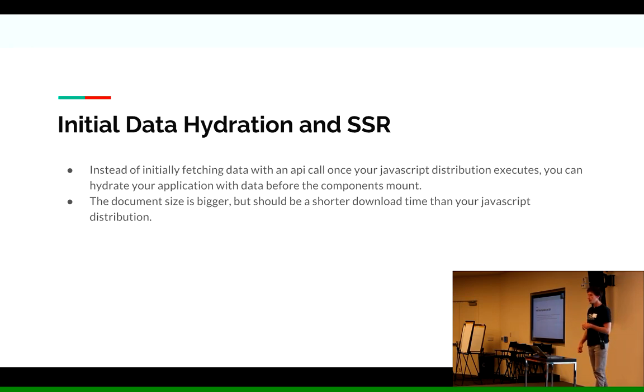And instead of initially fetching your data with an API call once your application mounts, you can just send it down with your component or application that you render inside the container. So the document size is bigger, but it should be much shorter than downloading and waiting for your JavaScript bundle.